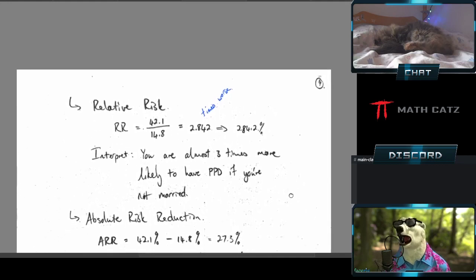Another number we can calculate is the absolute risk reduction, the difference between the two percentages.